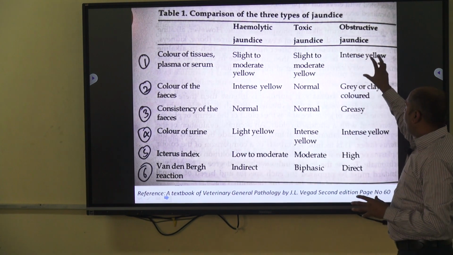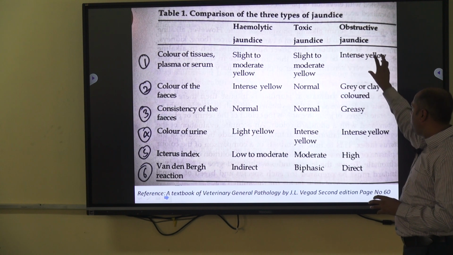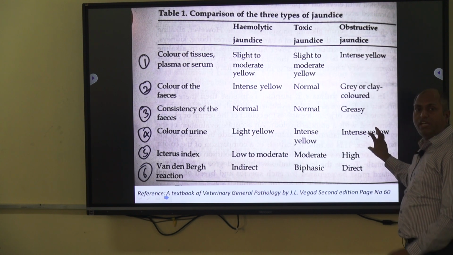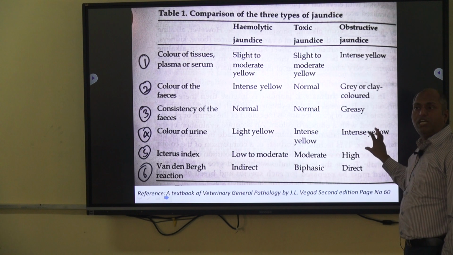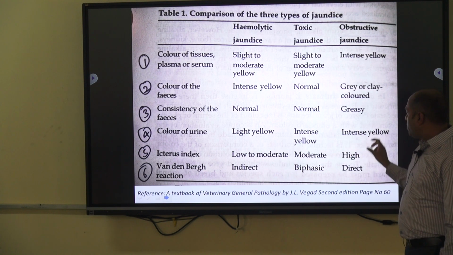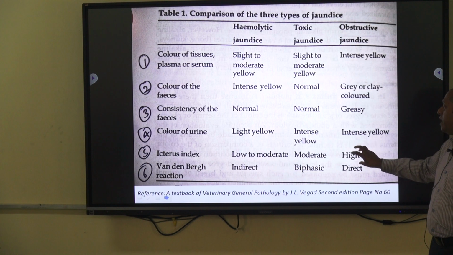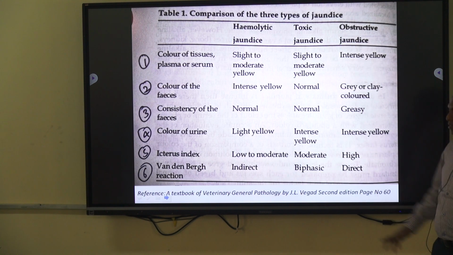So the highest intensity of yellow color will be in obstructive jaundice. Similarly, the highest yellow color of urine is in obstructive jaundice, because only conjugated bilirubin can pass into the urine. And the icterus index, which is nothing but the plasma color, will also be highest in obstructive jaundice.